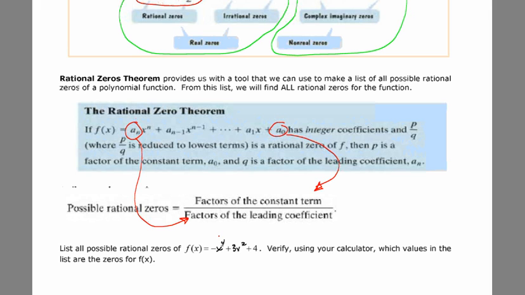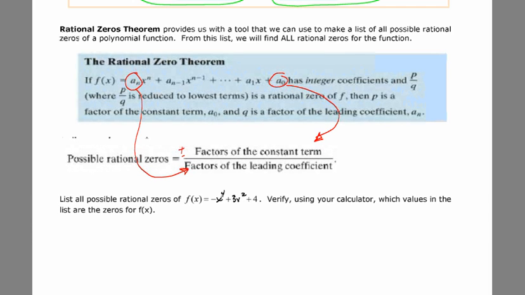Then we take every possible combination of the numerator factors divided by the denominator factors. And I mean every possible combination, meaning plus and minus. Sometimes it'll give you a pretty extensive list, but guaranteed you'll be able to find some of the zeros in that list. So let's list them all, and then we'll verify it on our calculator.